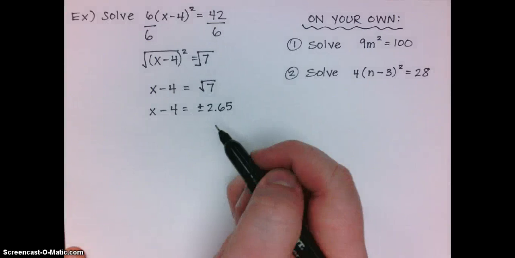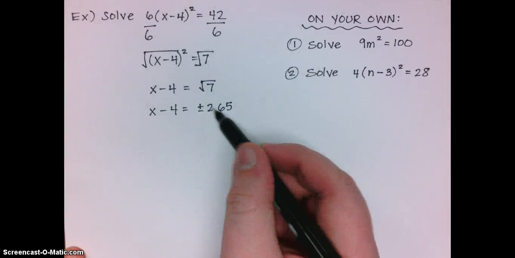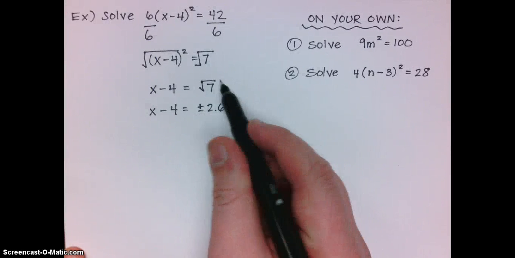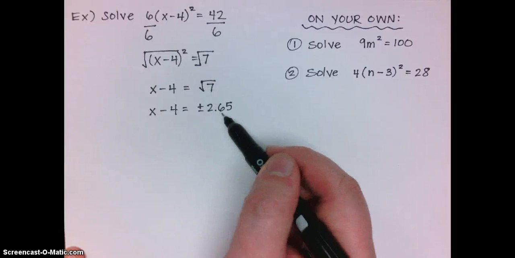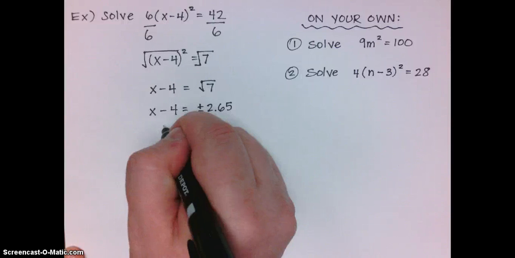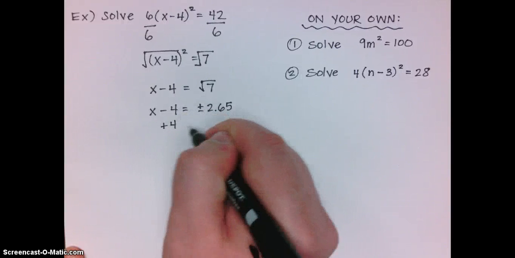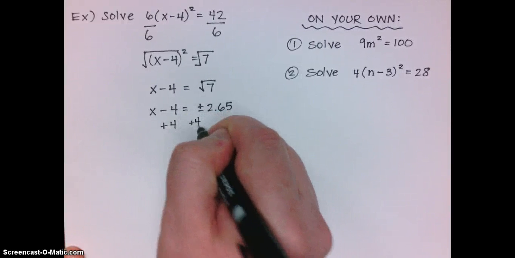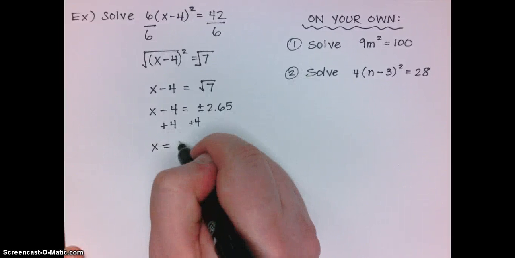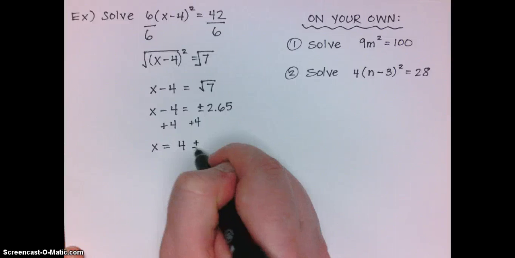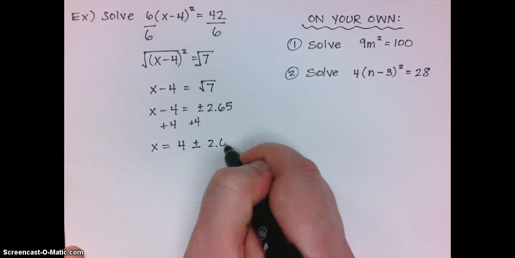So I'm almost done. I put the plus or minus because it could be positive 2.65 when you square it to get 7, or it could be negative 2.65 when you square it to get 7. So my final step to get x by itself is I'm going to add 4 to both sides. So my final solution is going to be 4 plus or minus 2.65.